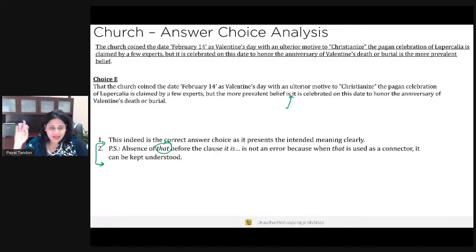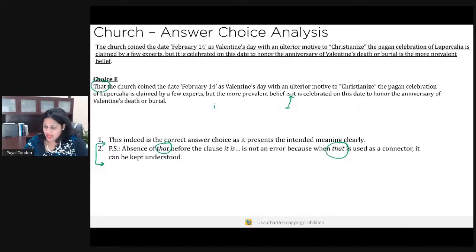That is the most common reason why students don't select choice E. First one is a weird sentence structure starting with that. Second one is that you feel that that is missing over here. Now that's the learning that you need to take from this question, that this is an acceptable structure. Again, that is being used as a connector and it can be kept understood.